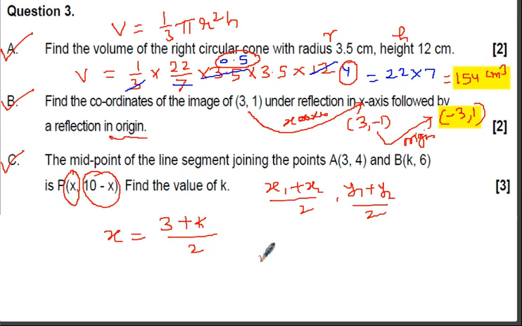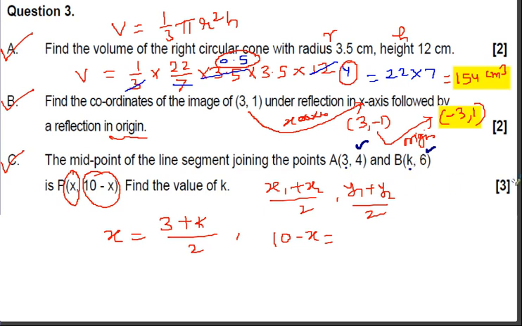So this is your first: 3 plus k upon 2, and second is 10 minus x. So 10 minus x will be 6 plus 10 minus x, sorry, 4 plus 6, because the coordinates of y are 4 and 6, as I added 3 and k.